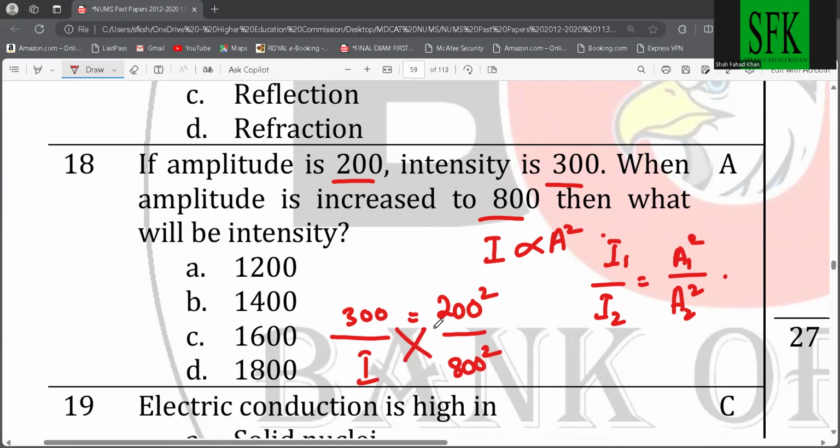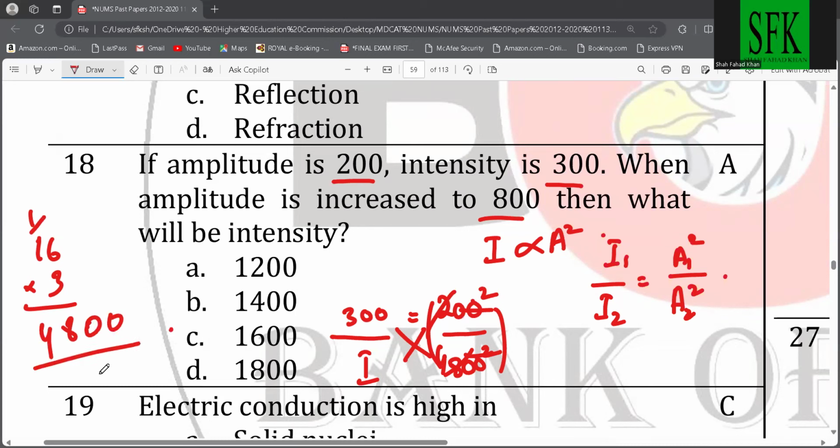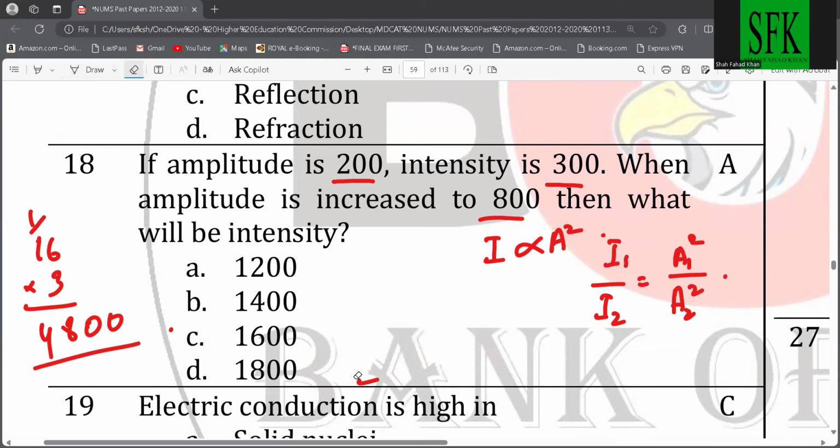Cross multiply, get the answer. 1 over 16 multiplied by 300. 16 into 300. This is turning out to be 4800. I think there is an error. Let's just see what's the error over here.